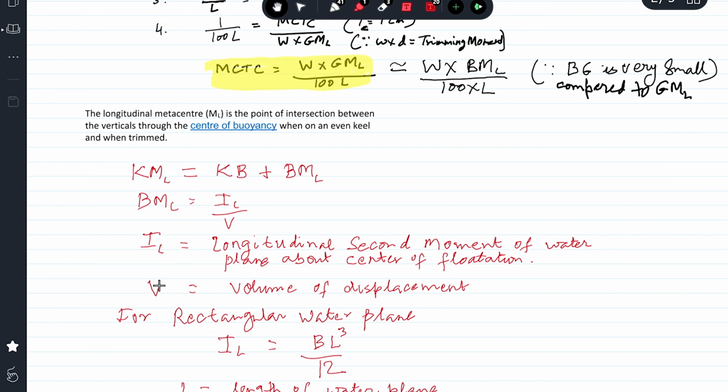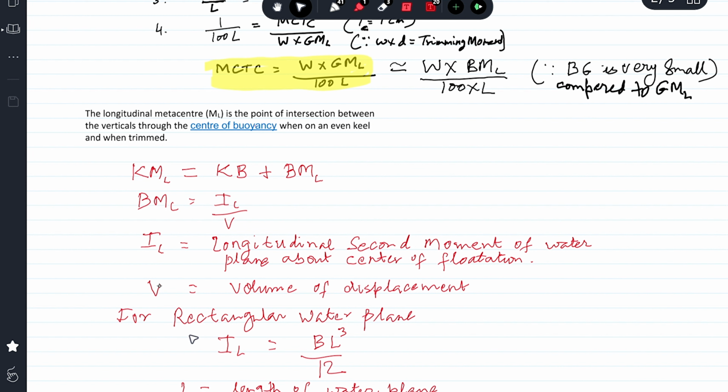And sometimes the question is giving you that the water plane area is a rectangle or it's a box shaped vessel. So KML is equal to KB plus BML. And BML, longitudinal BM, is IL, which is longitudinal second moment of water plane about center of flotation, upon ship's volume of displacement V. So IL for box shaped vessels can be calculated.